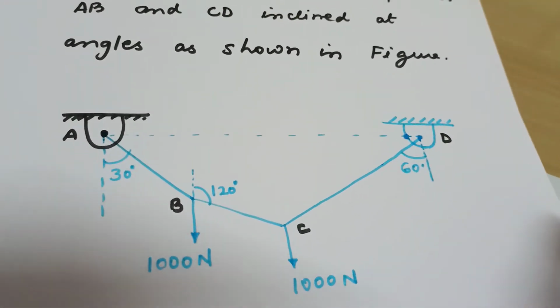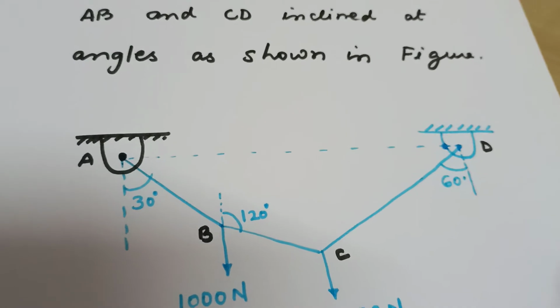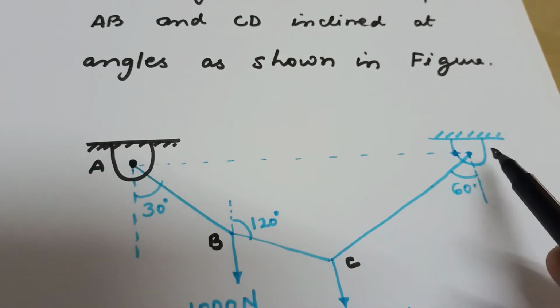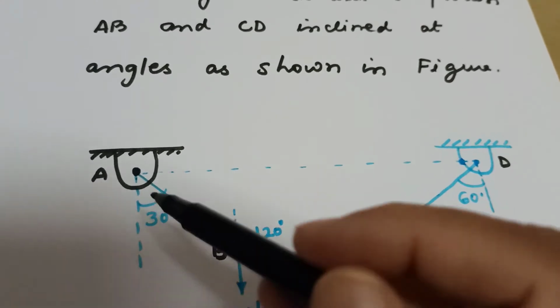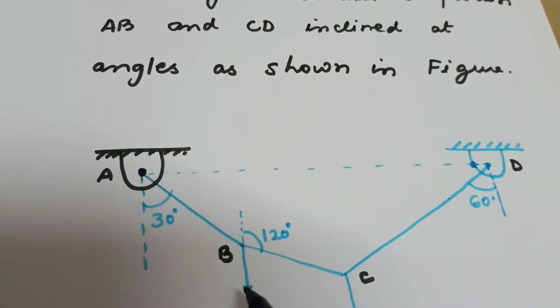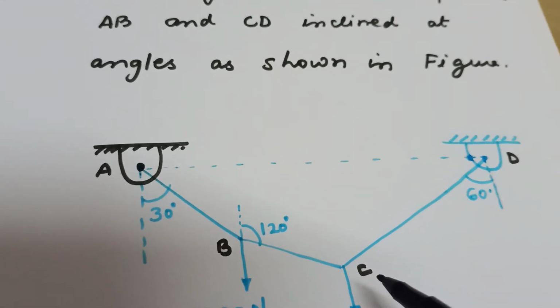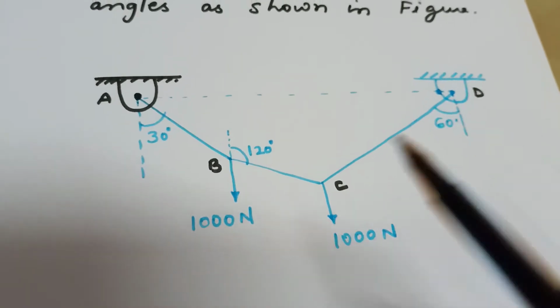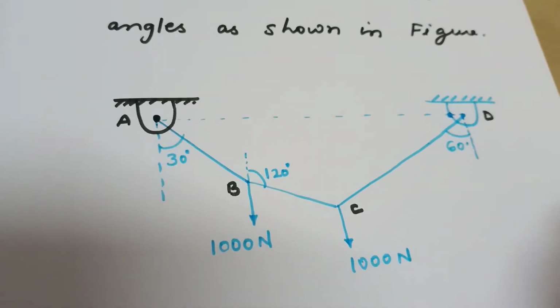So you can see that this is the diagram. This is a string A, B, C and D, right? A is inclined at an angle of 30 degree with vertical, BC at 120, and CD is inclined at 60 degree. Okay, the weights are 1000 and 1000 newtons.